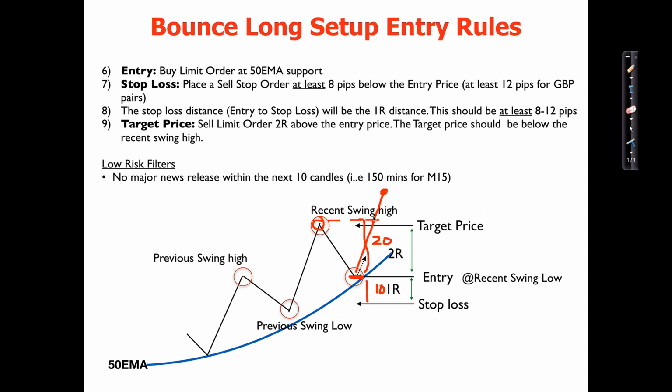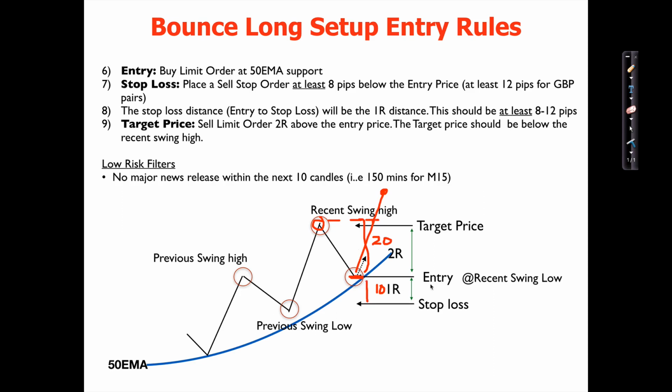Because sometimes it may hit the recent swing high and come back down again, and it forms a double top resistance. Okay? So if you can get your profit by the recent swing high, that's a great trade to take. So the way I think is, okay, if I'm aiming for 20 pips as my target price, I can afford to put my stop loss at 10 pips.